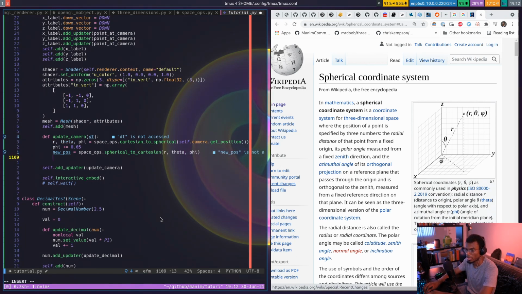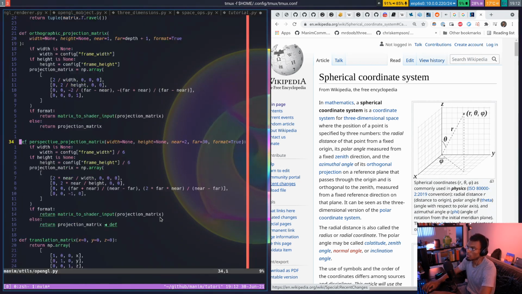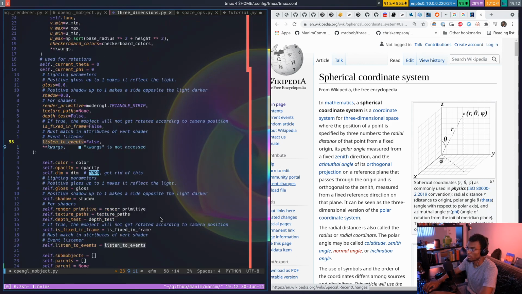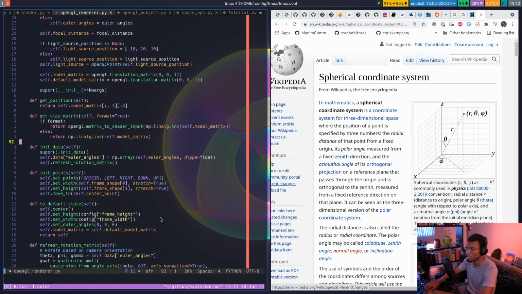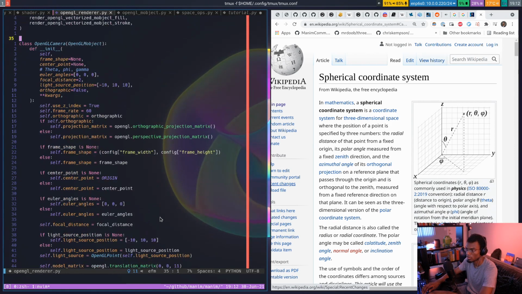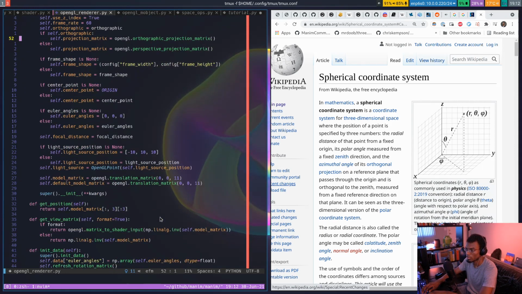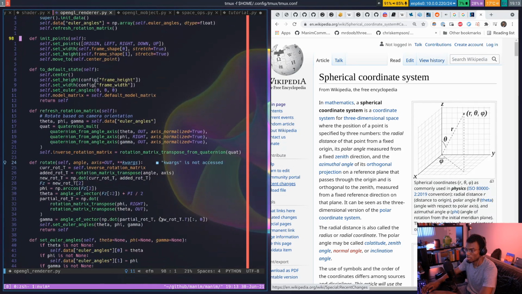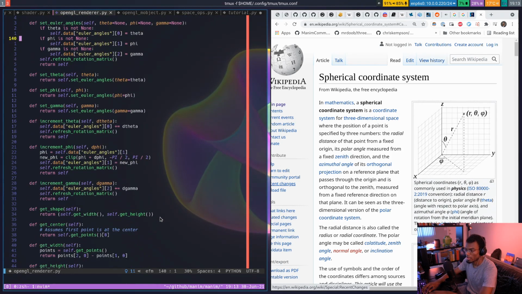Then I'm going to move the camera there, which I'm not totally sure if I can move the camera to a specific place, at least with a simple function. Get position. There's actually, oh, there's already a set phi.